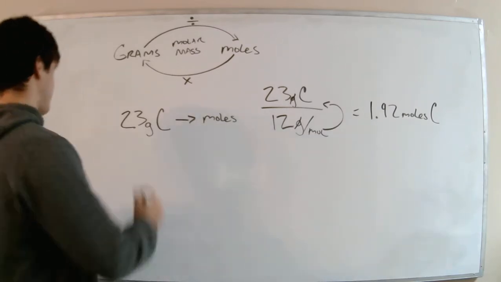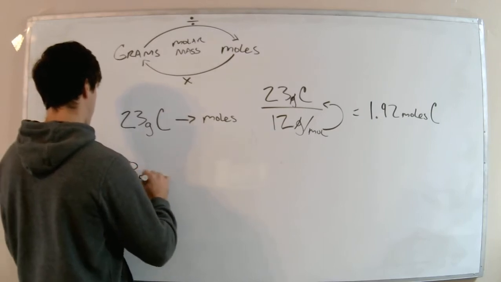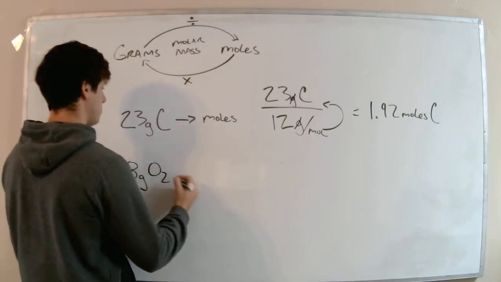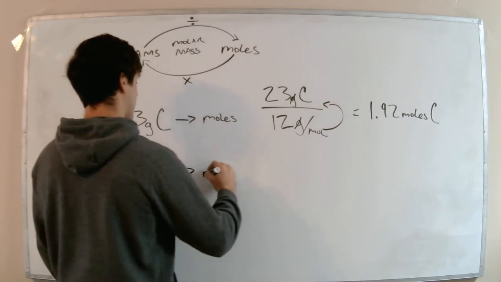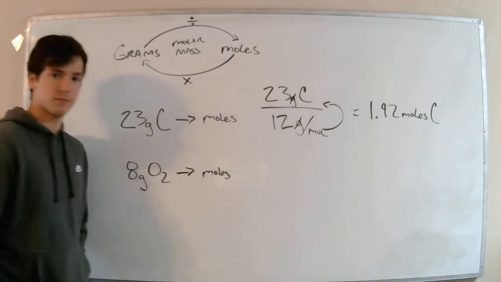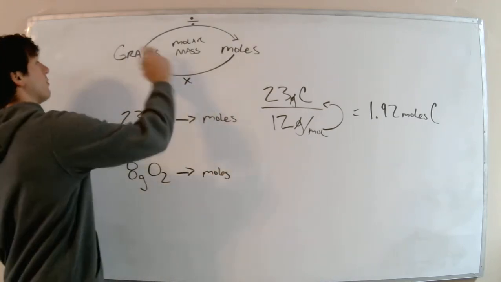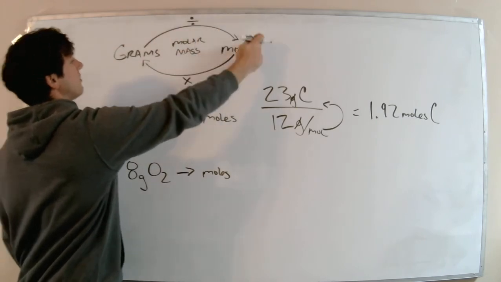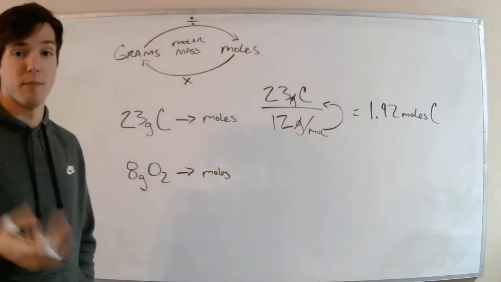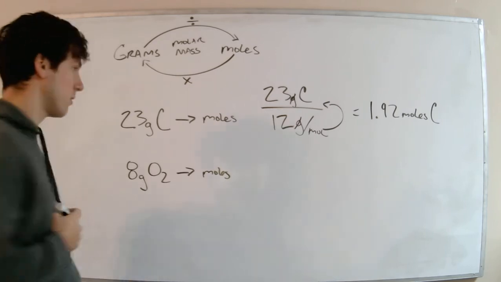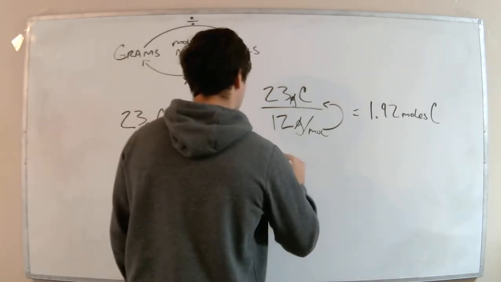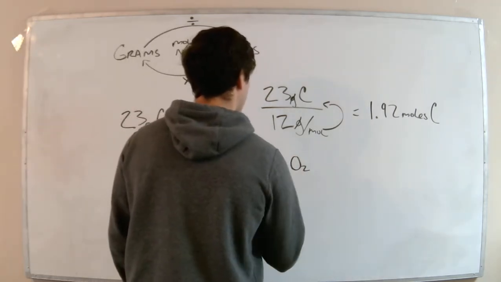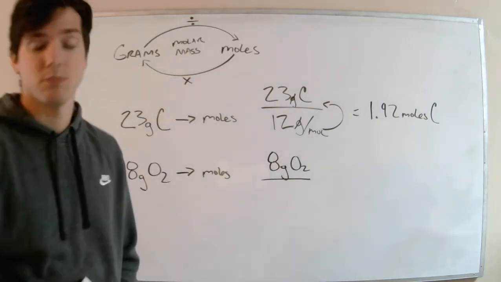Let's do another one. Say I have 8 grams of O2, and I want to change it to moles. Once again, we're going from grams to moles, so I'm going to divide by molar mass to get to moles. Start with what I'm given, which is 8 grams of O2. The molar mass of O2 is 32.